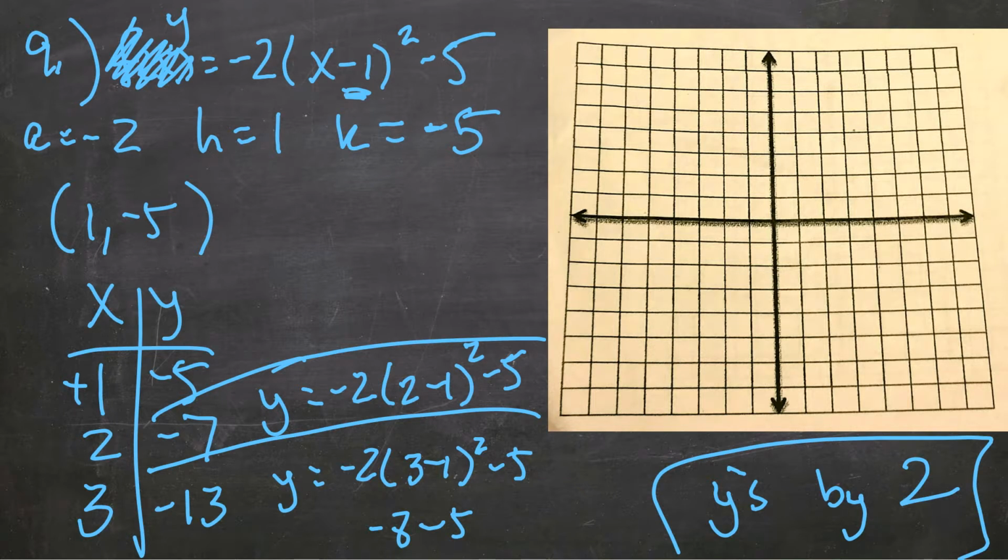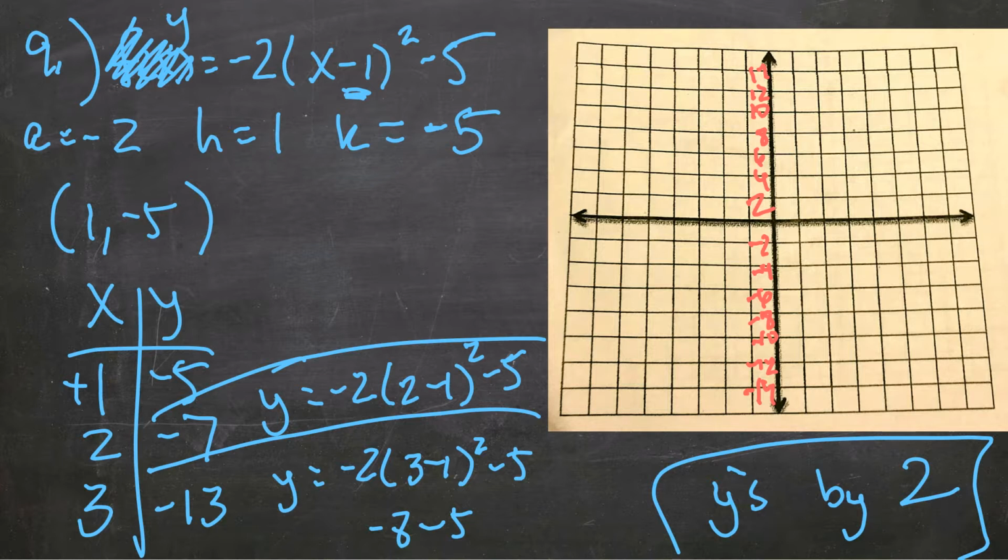So either write y's by 2 somewhere I can see it and it's really noticeable, or if you're worried, just go 2, 4, 6. 2, 4, 6, 8, 10, 12, 14, negative 2, negative 4, negative 6, negative 8, negative 10, negative 12. That's a good way to show me that you're changing the scale.